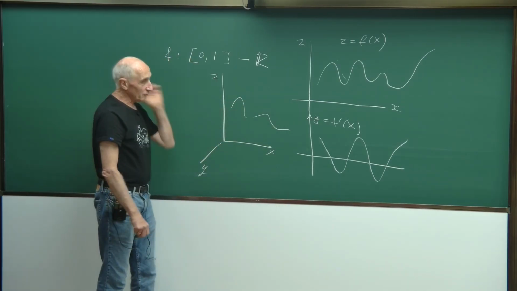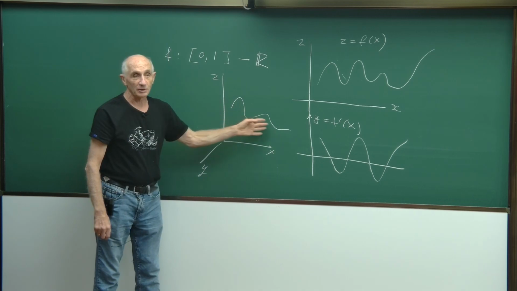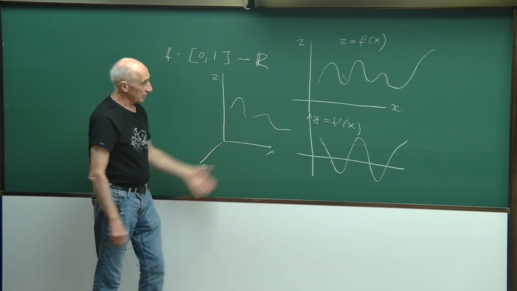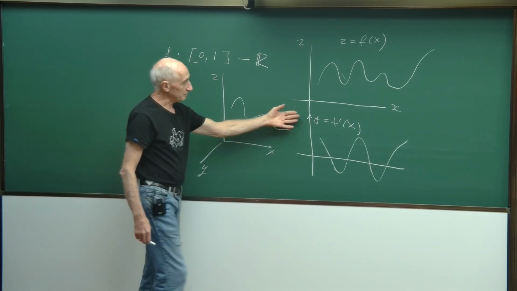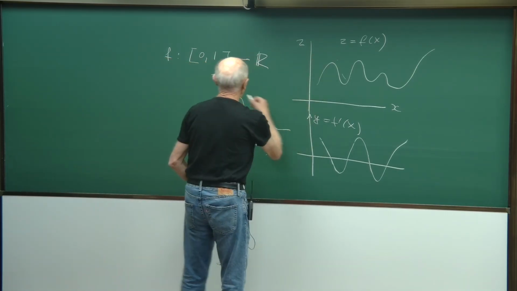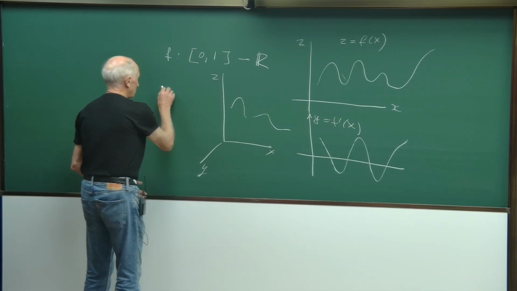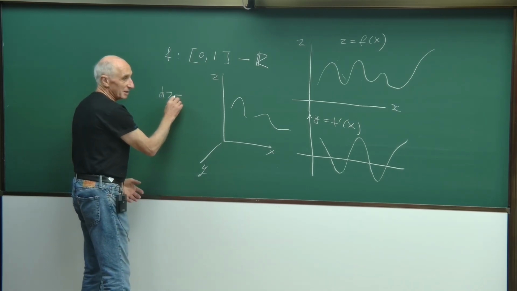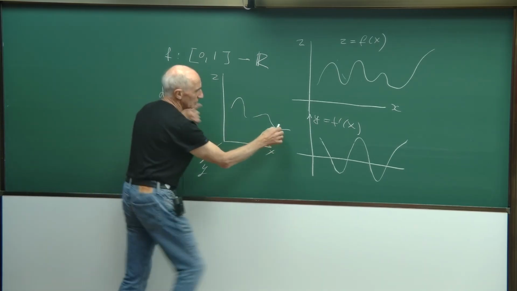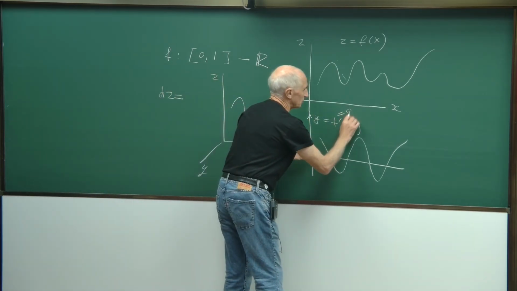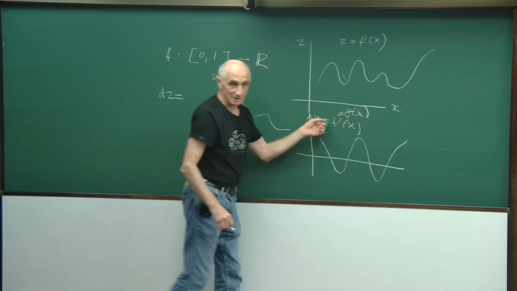Now what kind of curve is this? Of course you have this coordinate z. What we can write is dz equals f prime of x dx. Let's call this g of x, this prime.